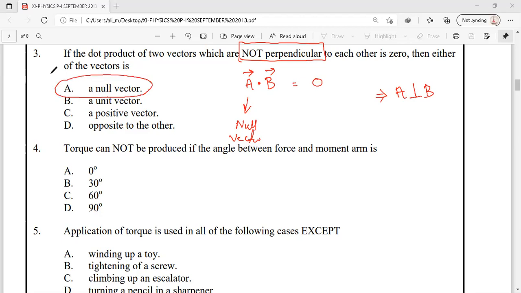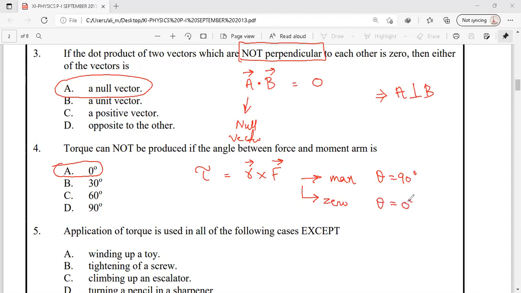Then we have question number 4. Torque will not be produced if the angle between force and moment arm is equal to 0 degrees. So we know that torque is equal to the cross product of moment arm and force. This is maximum when theta is equal to 90 degrees, and it is minimum or 0 when theta is equal to 0.